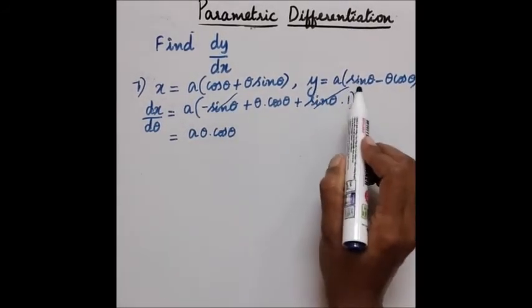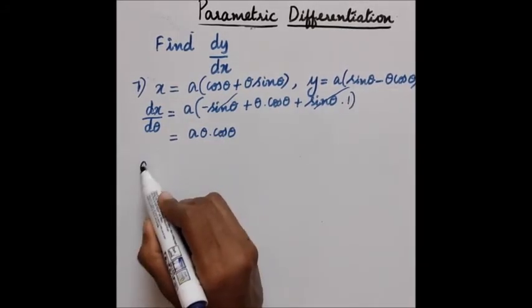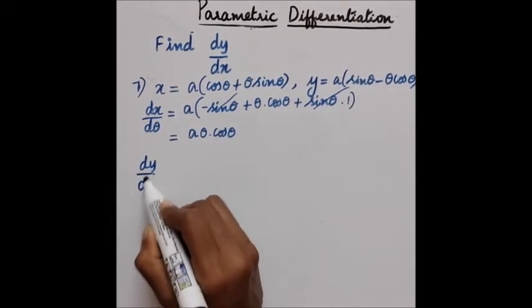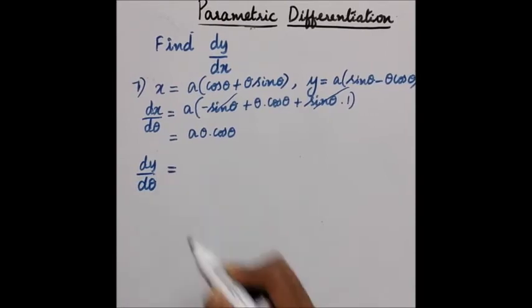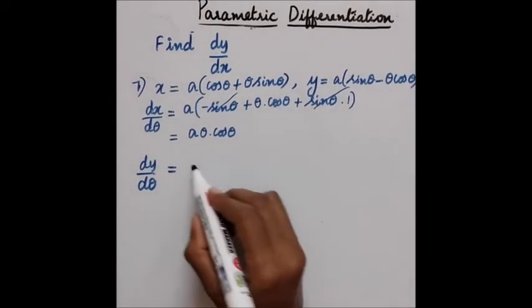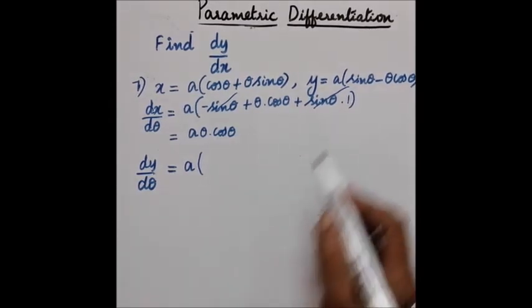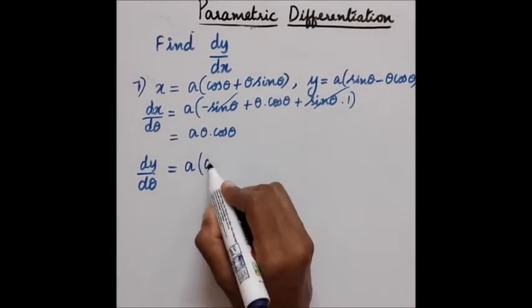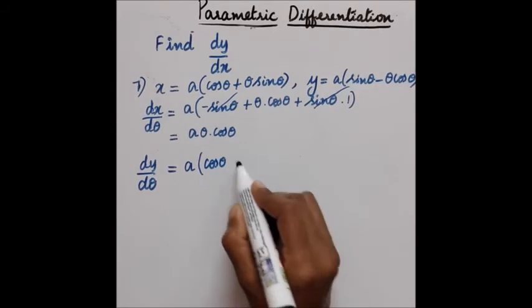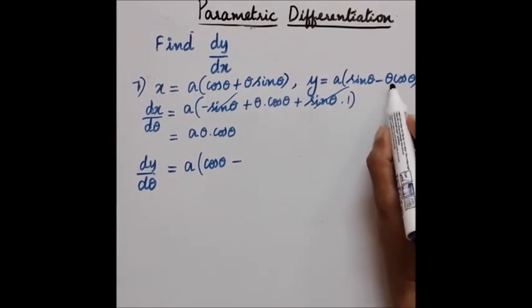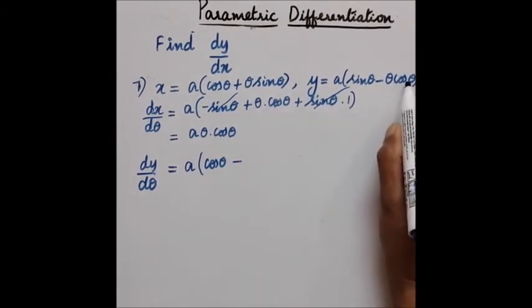Y is also the function of theta, so find dy by d theta. So dy by d theta is constant into the derivative of the function. Derivative of sin theta is cos theta minus, again we have product of two terms, theta into cos theta.